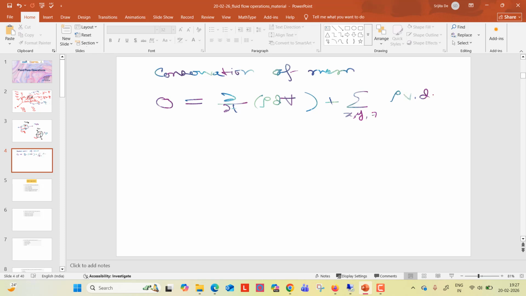If you don't remember this derivation, please go through my previous lecture that is already uploaded on YouTube. There it is written how this conservation of mass is coming, right? If you want me to show, I can again just refer.